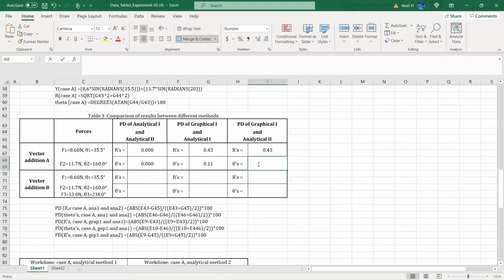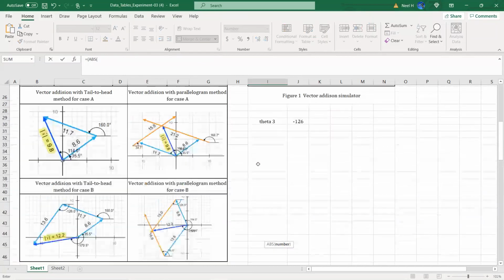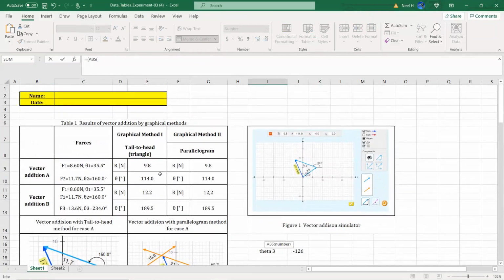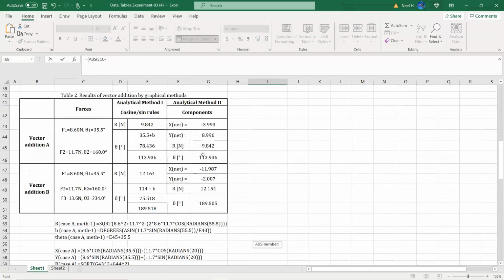Then the thetas, open bracket ABS, open bracket, graphical method 1 theta minus analytical method 2 theta, close bracket, divide by open brackets, E number 10 plus G number 46, divide by 2, close bracket twice, and then multiply by 100.